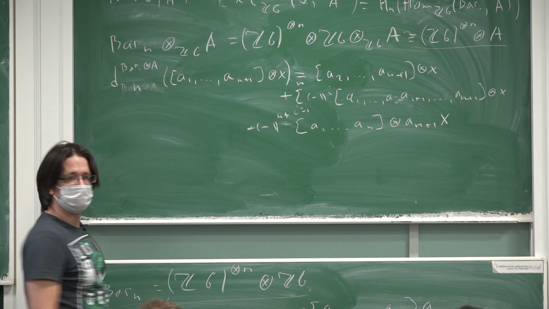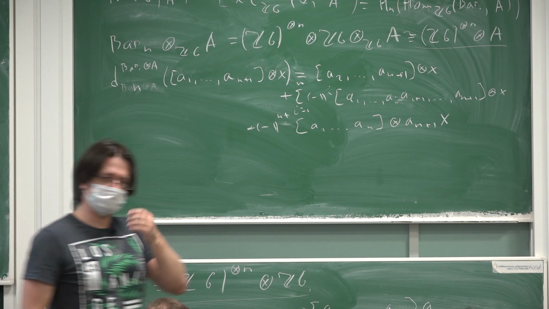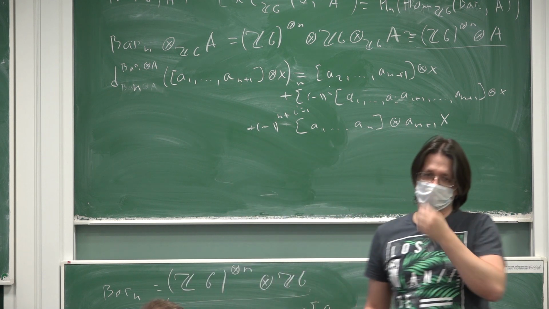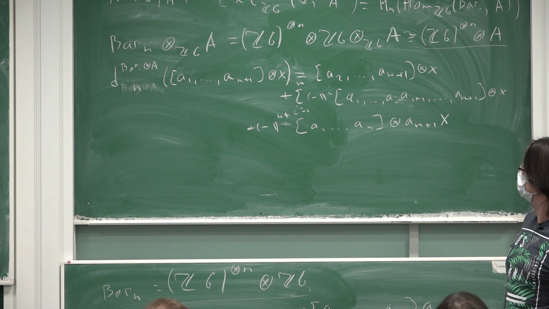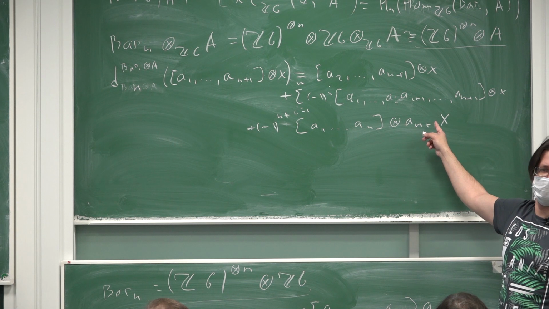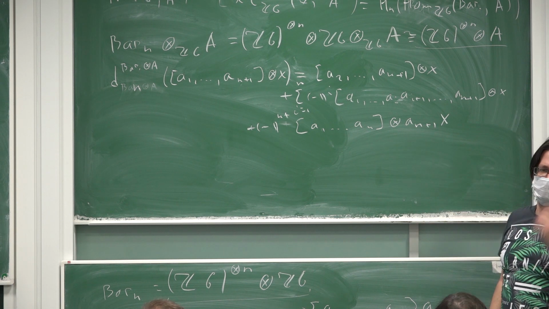So we just act on the first part, and on x is trivial. You multiply x by this.